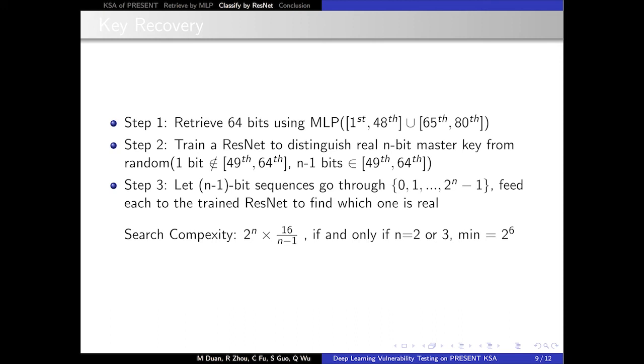Finally, we go through the 2 to the n possibilities and feed each to the trained ResNet to find the real n-bit sequence. The minimum value of the search complexity is 64, when n is 2 or 3.